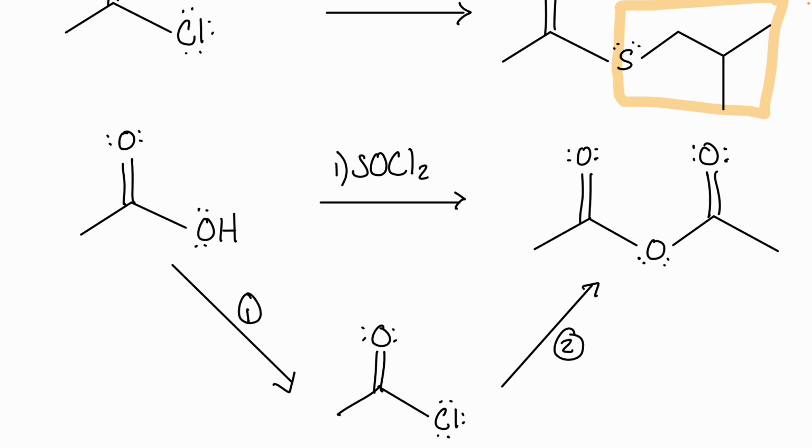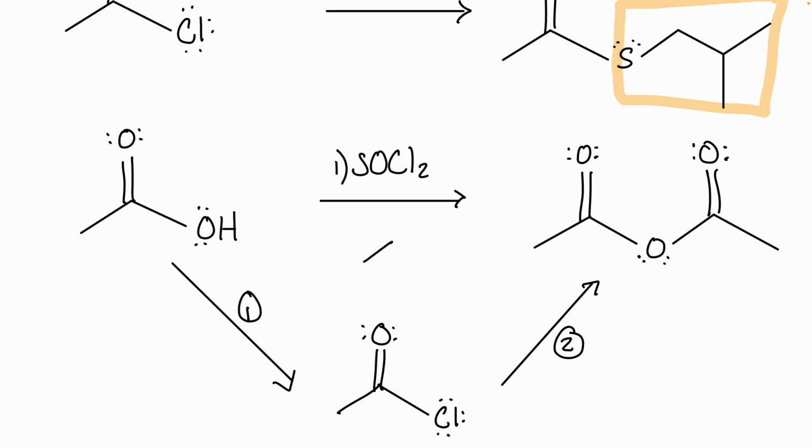We can't get away with our neutral carboxylic acid. We would have to use this carboxylate ion that has that negative charge. So we couldn't do it in one step, but we could do it in these 2 steps here, again using that fancy thionyl chloride reagent.